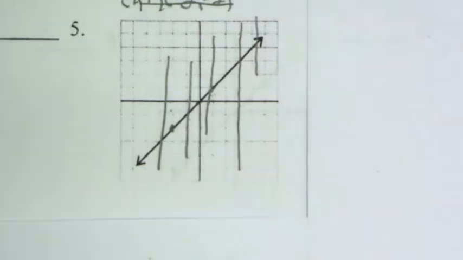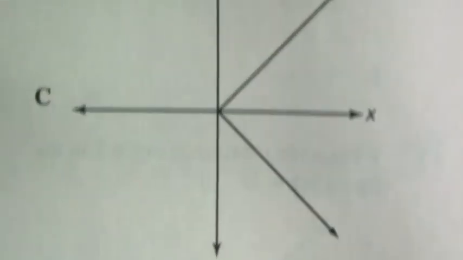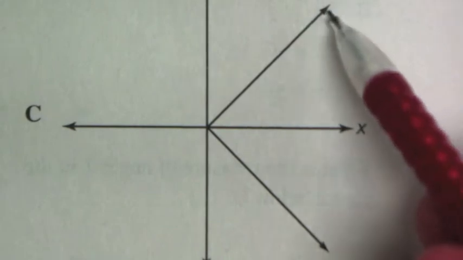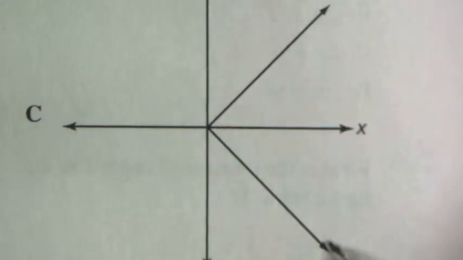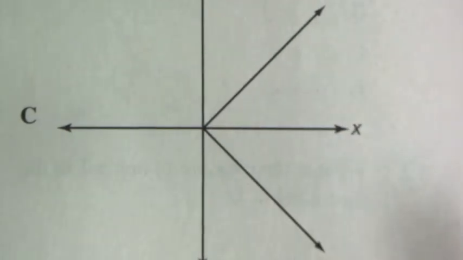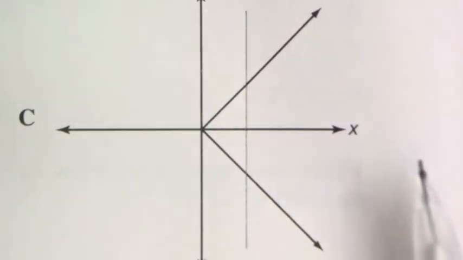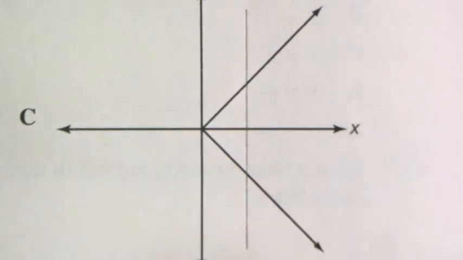Now, let's look at some others. All right, we have one here. Here's a graph that's been drawn. This line and this line right here. I don't have any coordinates, although they're there, I just don't have any. I only have a picture. All right? If I draw a line anywhere on this graph, and it crosses more than once, it is not a function.